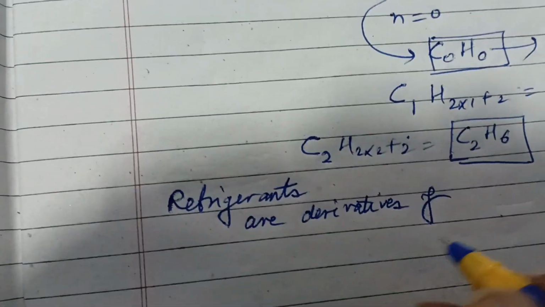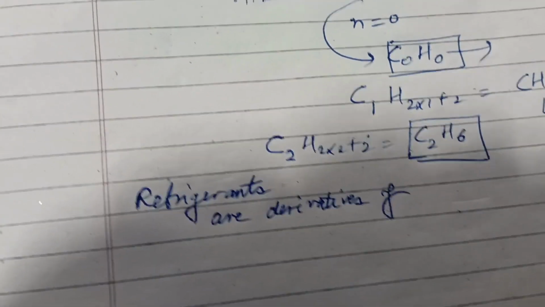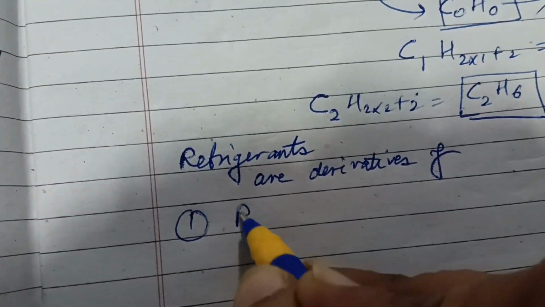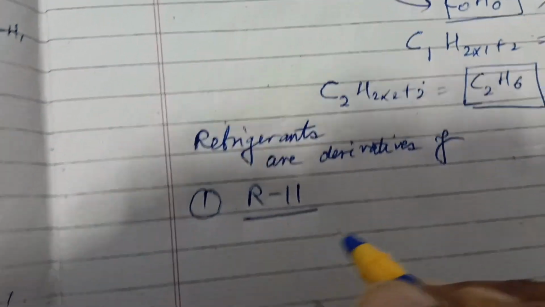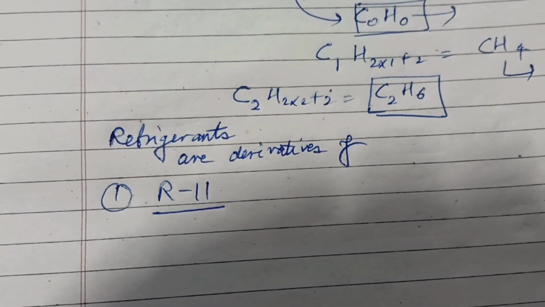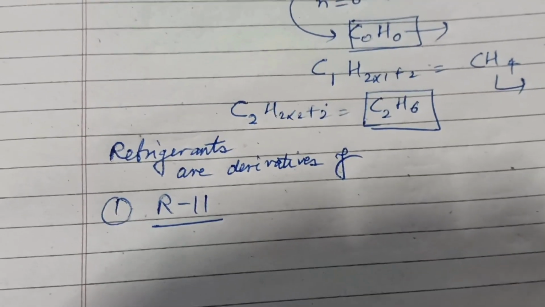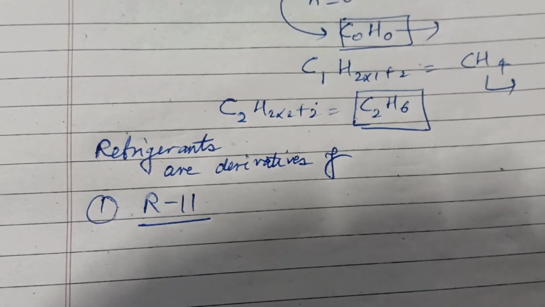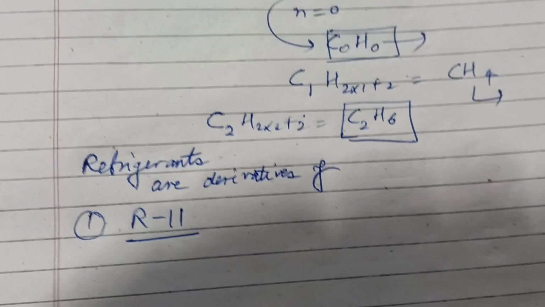So let's begin the nomenclature one by one. If I start with the first number R11, I will tell you the simplest trick, the easiest method to land at the nomenclature, so that if you have four options, you can save your time and find the correct option as well.